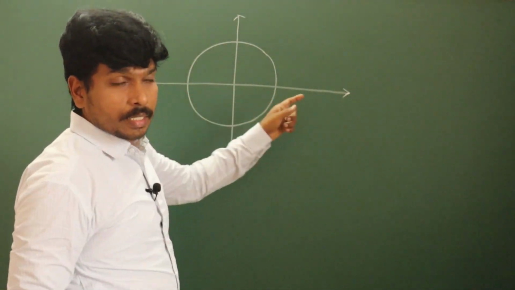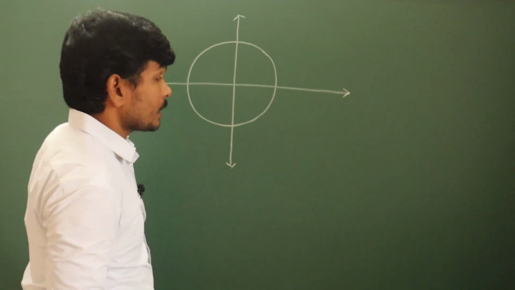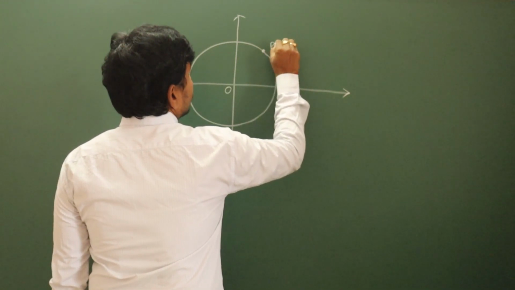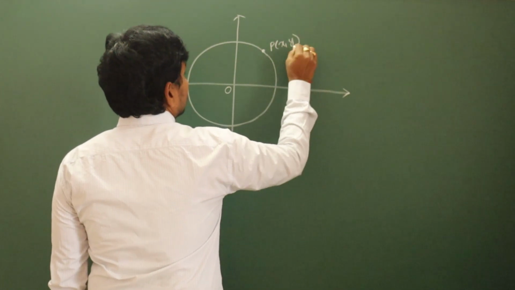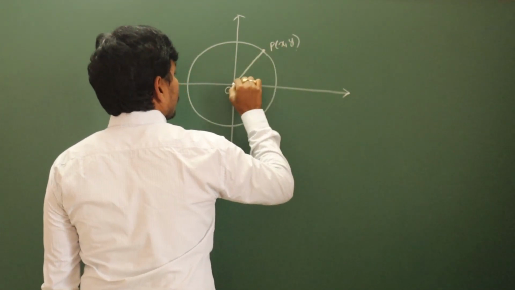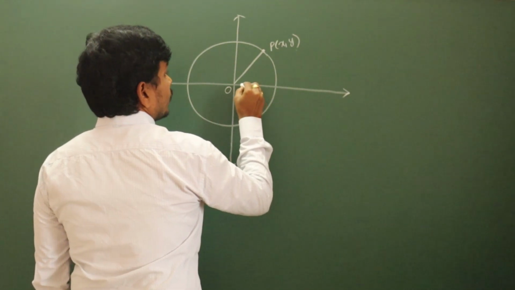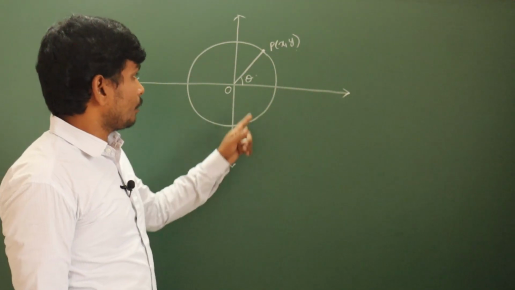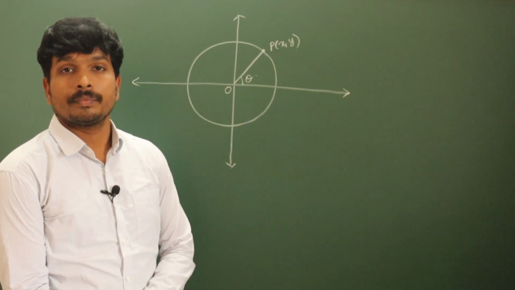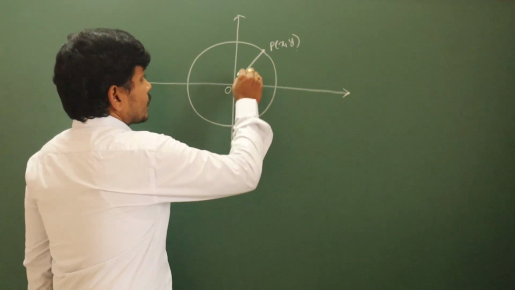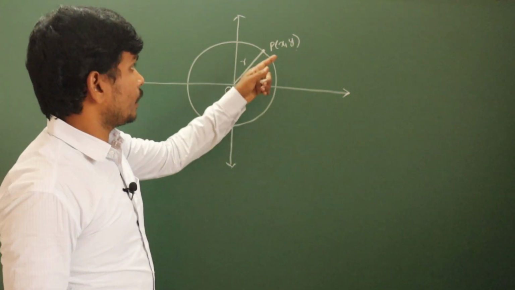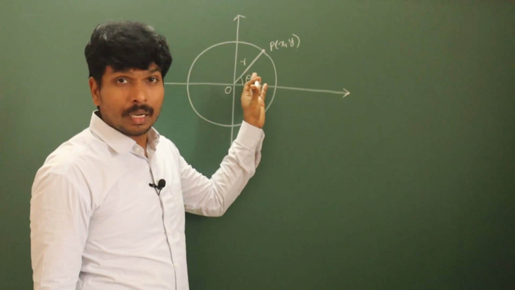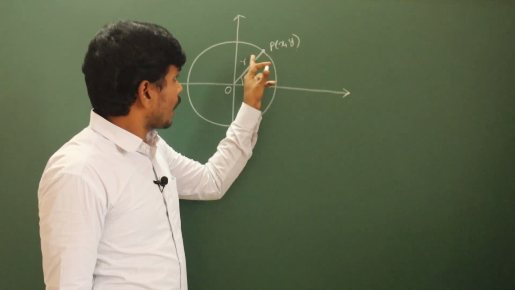It is the x-axis XOX dash, it is the y-axis YOY dash. It is the origin. You take P as a point on the circle, and it is the standard position of the ray, and here the angle is theta. If suppose the angle made by it is theta, and it is the radius. So that's why your ratios are: now you don't want to draw any triangle because these are the three values we have.